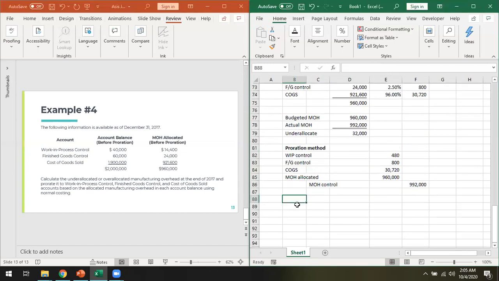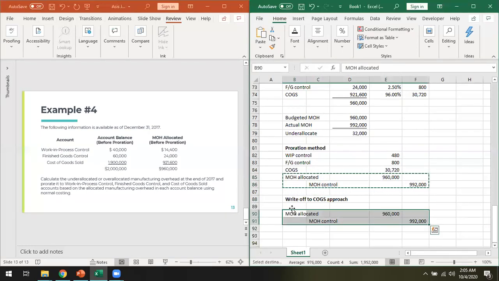For the write-off to cost of goods sold approach, the journal entry will be the same. However, there is no work in process inventory or finished goods inventory, because we just write off the difference to cost of goods sold.